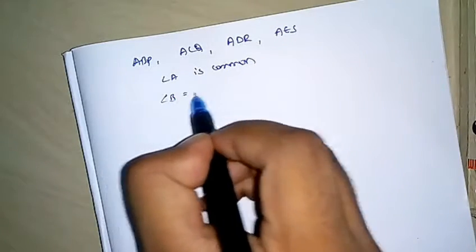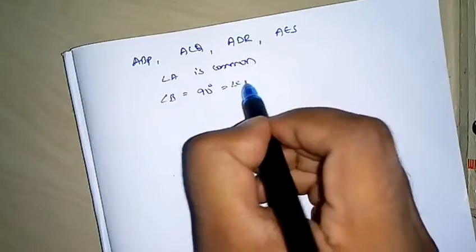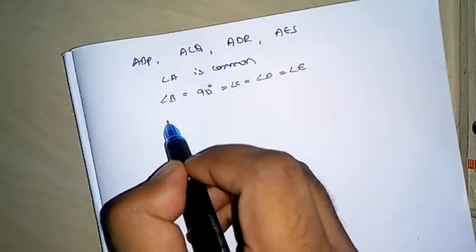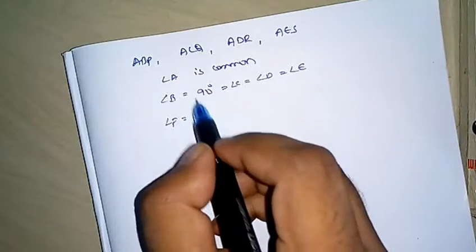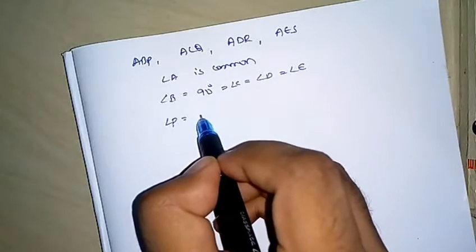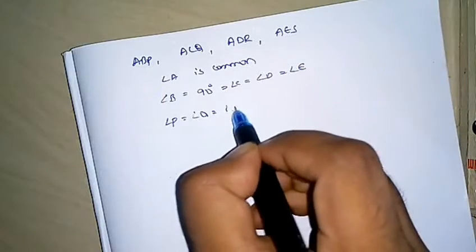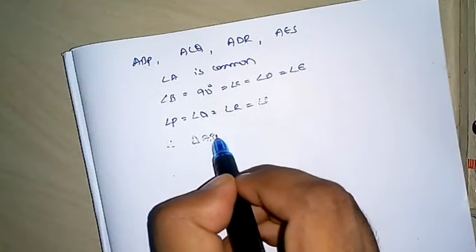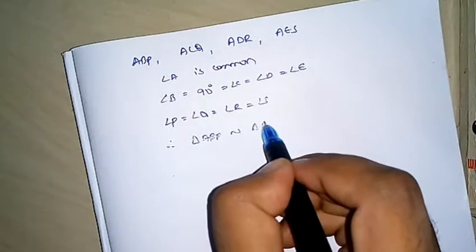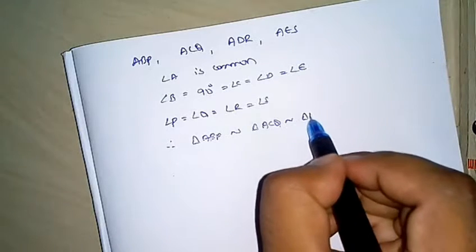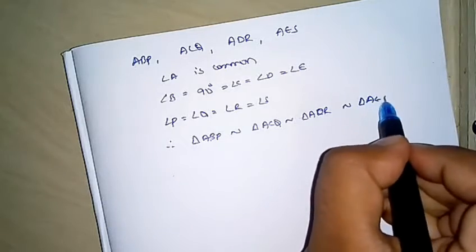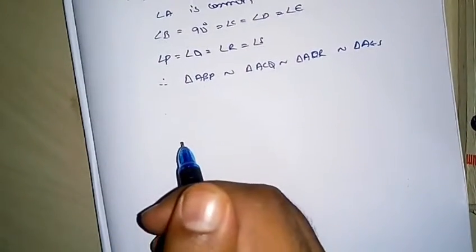And angle B is equal to 90 degrees, equal to angle C, equal to angle D, equal to angle E. And the remaining angle P will be equal, since two angles are equal, the third angle will obviously be equal. Angle Q is equal to angle R is equal to angle S. So therefore triangle ABP is similar to triangle ACQ, similar to triangle ADR, similar to triangle AES. All these triangles are similar triangles.